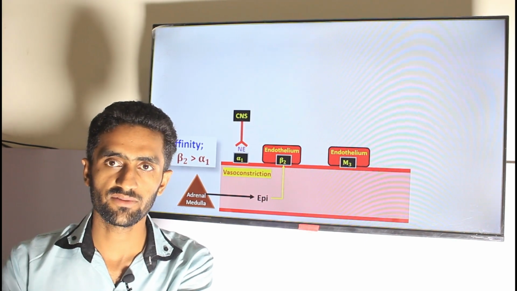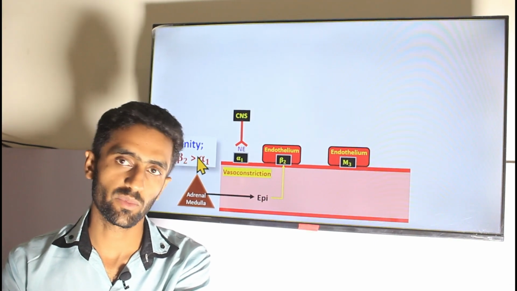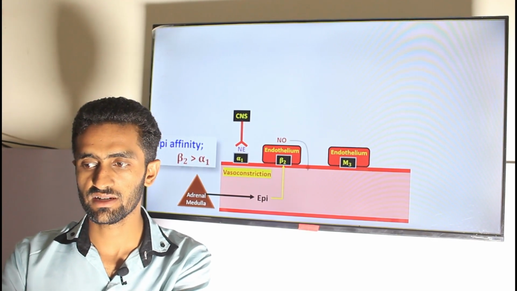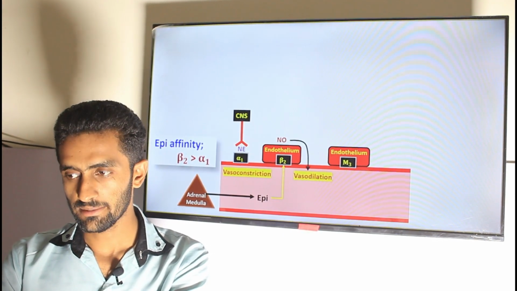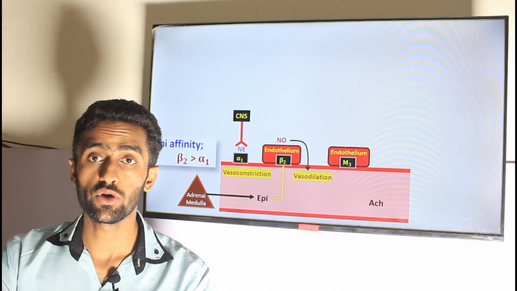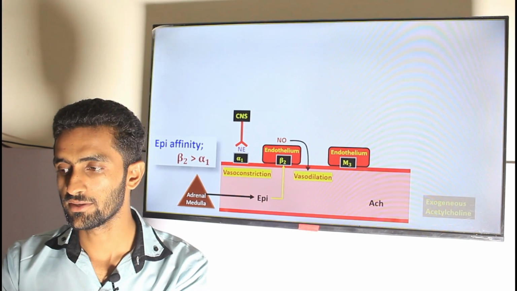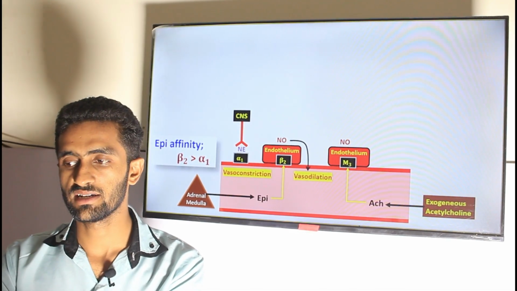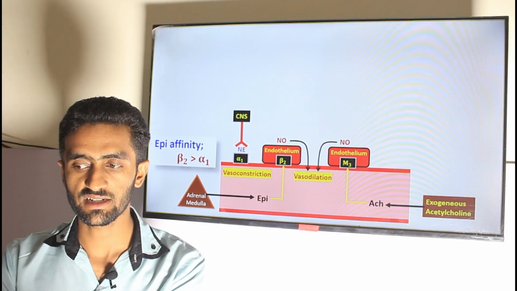Why not alpha 1? Because epinephrine has more affinity for beta 2 as compared to alpha 1, so it causes release of nitric oxide and vasodilation. At M3, exogenous acetylcholine, not endogenous, because they are not innervated, can come here and stimulate the release of nitric oxide, which causes vasodilation.